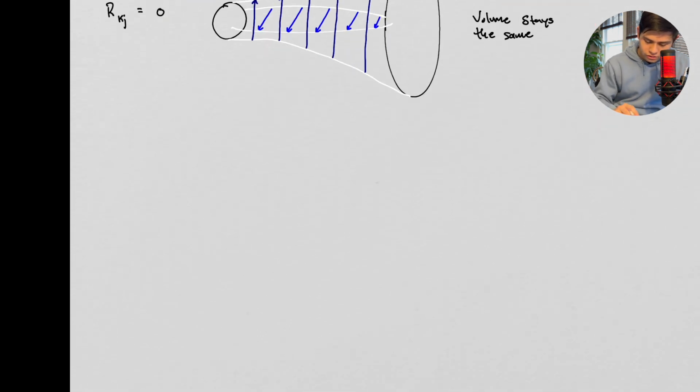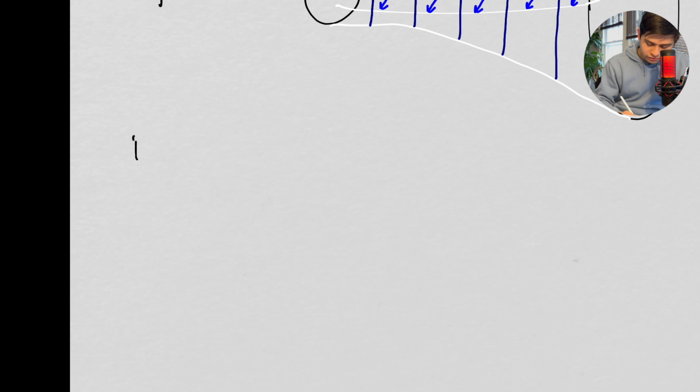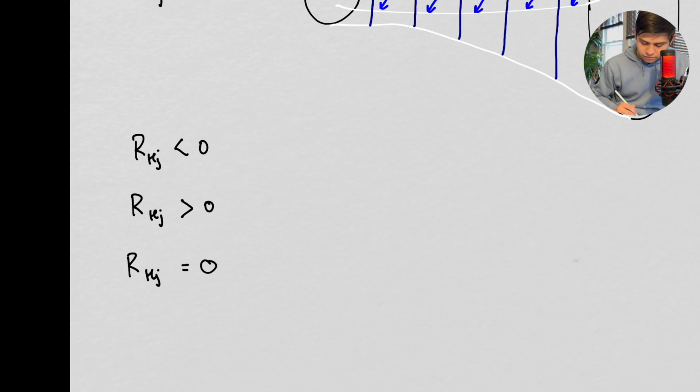So without the pictures, I'll just write this out: rkj less than 0, greater than 0, equal to 0. These are the three cases we can come across. And so this corresponds to volume stays the same.